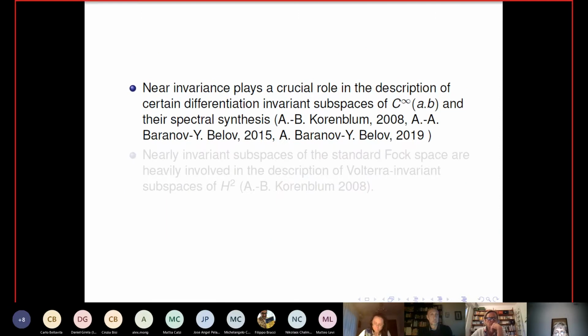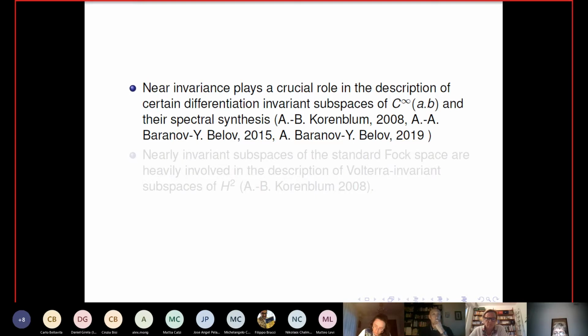I met this phenomenon also working on differentiation invariant subspaces of C infinity of an interval. I started with Boris Korenblum in 2008 to describe those where differentiation has void spectrum.